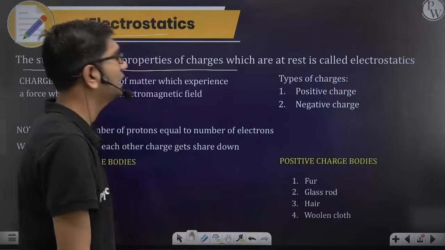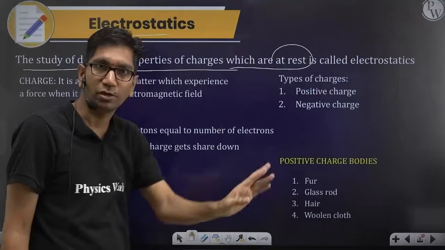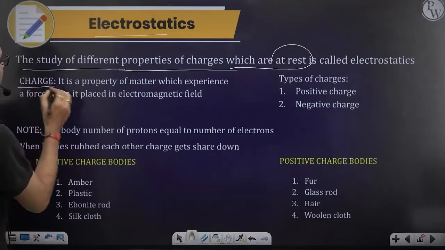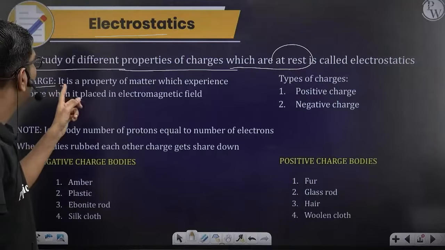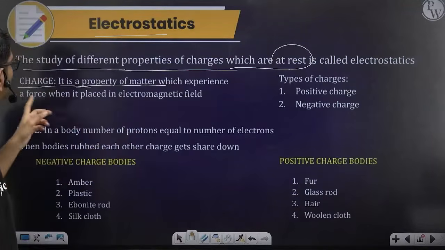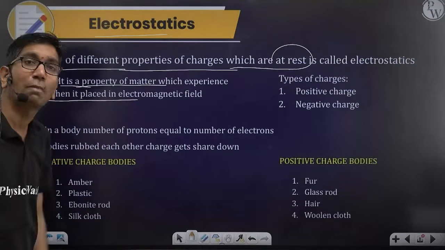In electrostatics, 100% the charge should be at rest. Now, what is charge? Charge is a property of matter which experiences a force when placed in an electromagnetic field.